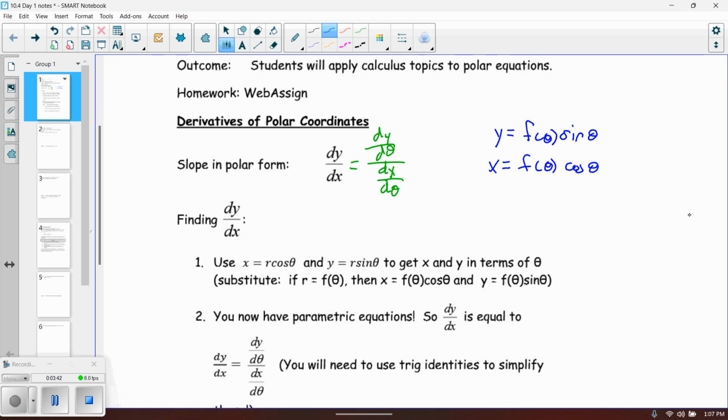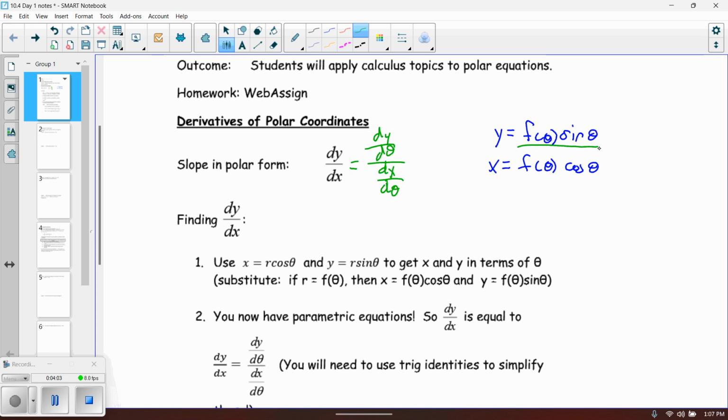So we want to take dy over d theta. We want to take the derivative of this thing right here with respect to theta. What you should notice is I have f of theta times sine of theta. That's a product rule. So we have to incorporate the product rule when we do this. So we will do the derivative of the first function, f of theta.